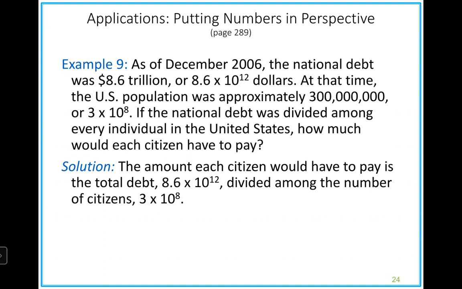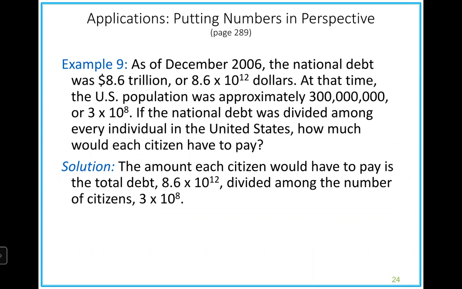We have real life situations where we have to deal with large numbers, and in some cases the numbers are written in scientific notation. So it can be helpful to know how to read and do calculations with numbers in scientific notation. This is an example of a type of question.